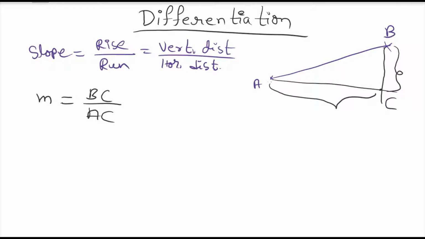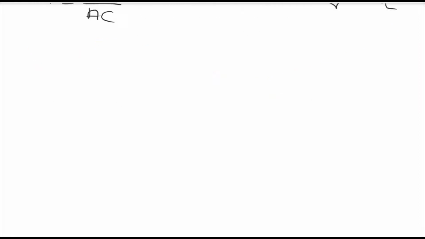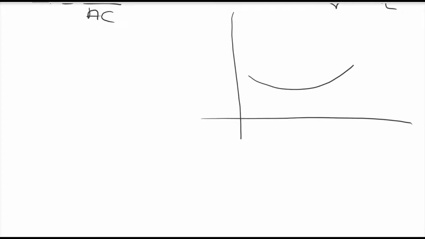Now, let us apply this concept of slope to curves. Let us take a function f of x. This curve here indicates my function f of x. If I take 2 points, I can define the slope for these 2 points.